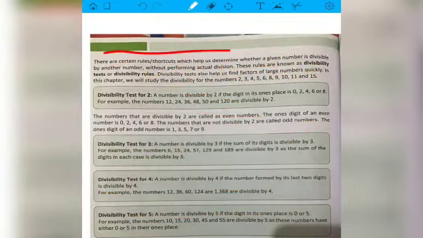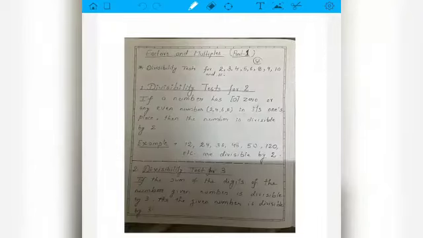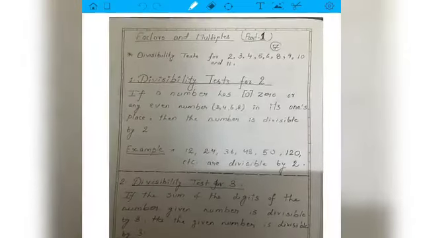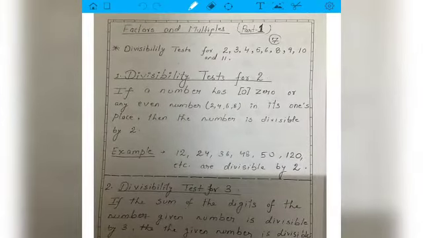Today we will study the divisibility test of only a few numbers, and in the next session we will complete this divisibility test. So let's start the topic. What is the divisibility test for 2? If a number has 0 or any even number like 2, 4, 6 in its ones place, the number is divisible by 2.